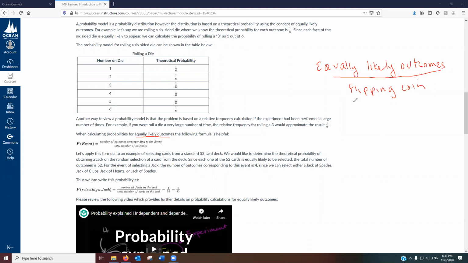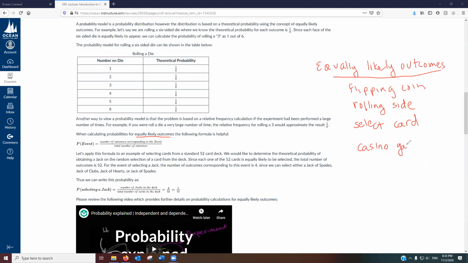Rolling a 6-sided die, because it's equally likely that each face of the die will be rolled, assuming it's a fair die. Selecting a card from a deck of 52 cards, right? Assuming the deck is well shuffled, you have a 1/52 chance of selecting any individual card. And many casino games are based on equally likely outcomes.